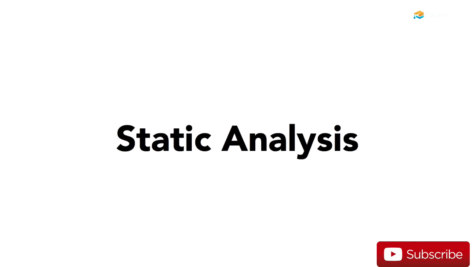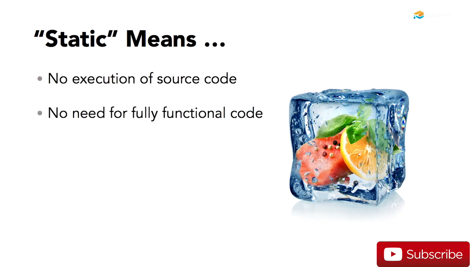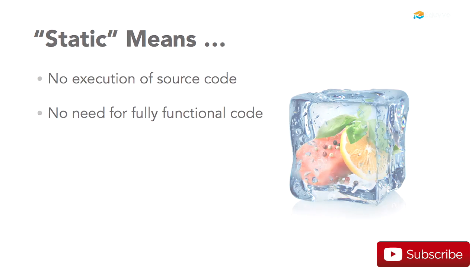Static analysis refers to the analysis of source code. It examines the text of a program. Therefore, the security testing can be done without executing the source code, which is why it's called static. This also means that you don't need a program that is fully functional to do your testing.